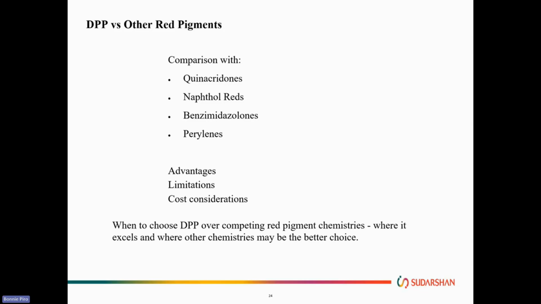Taking a look at what each brings to the party, what limitations might be there, because ultimately it's when do you choose a DPP over other red pigments. It's good to understand where it excels, or where another chemistry might be a better choice for your application and formulation.